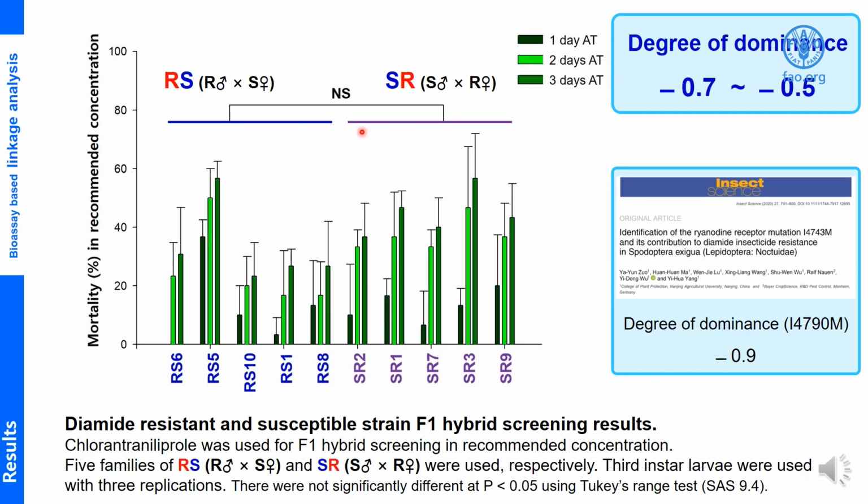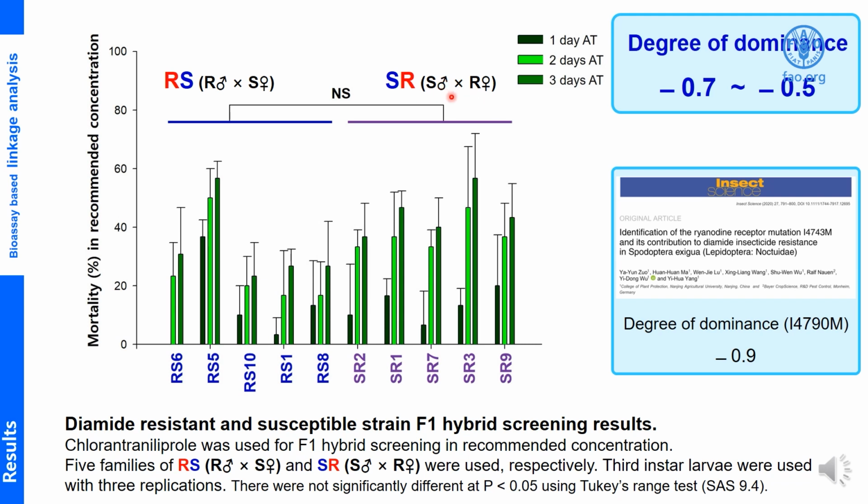And we tried to find out what the main factor is and what kind of genes are involved in this insecticide resistance. So we made an F1 hybrid. This means resistant male and susceptible female crossed to make the F1 hybrid. And here SR means susceptible male and resistant female.